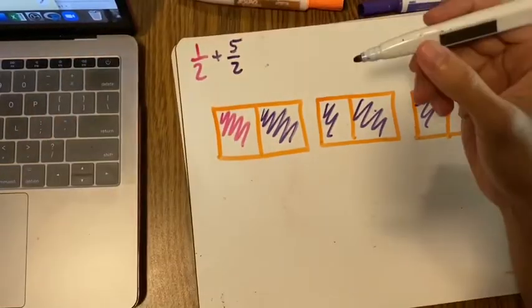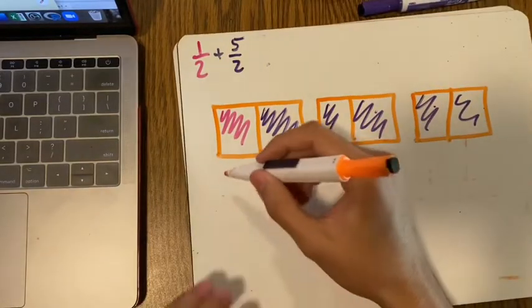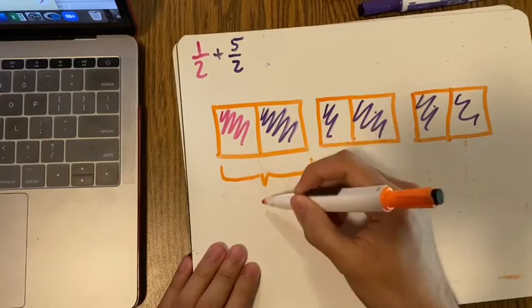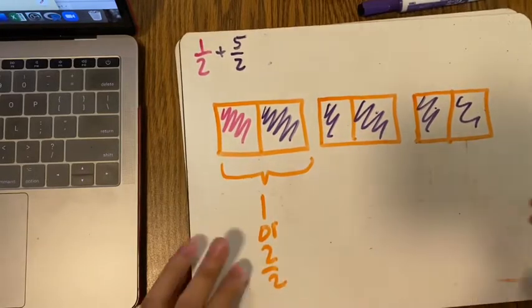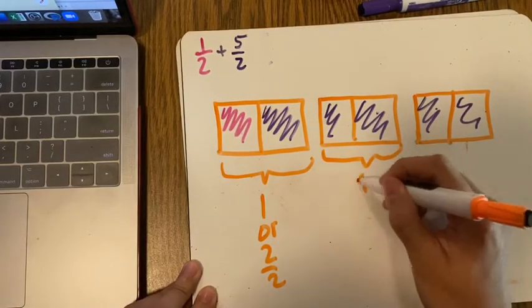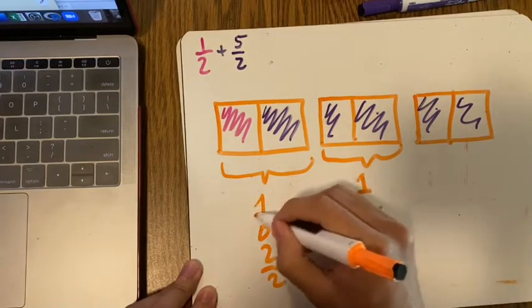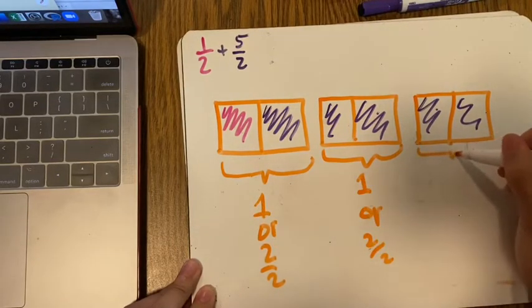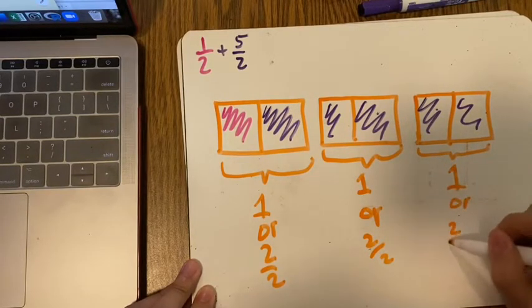Now, well, now how much do I have? Well, I have 1 whole or 2 over 2, right? I have another 1 whole or 2 over 2, same thing. And then here I have another 1 whole or 2 over 2.